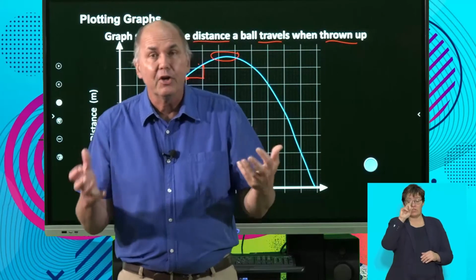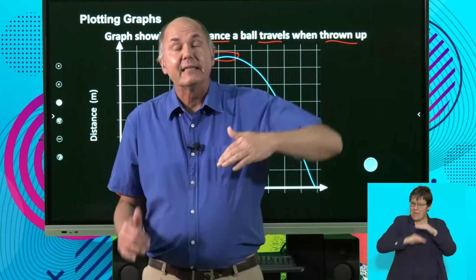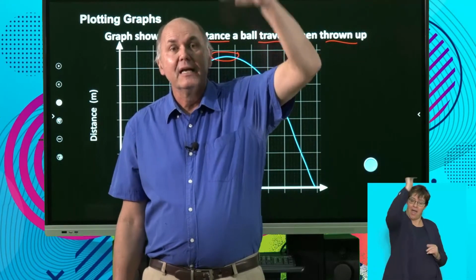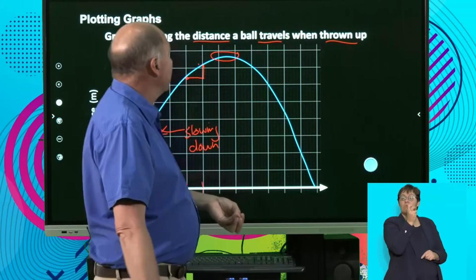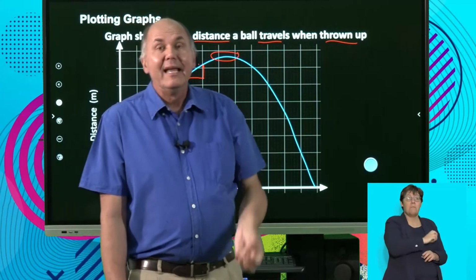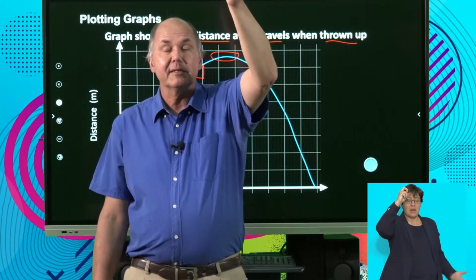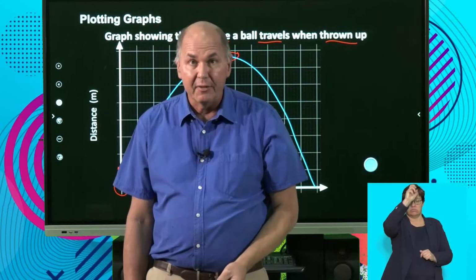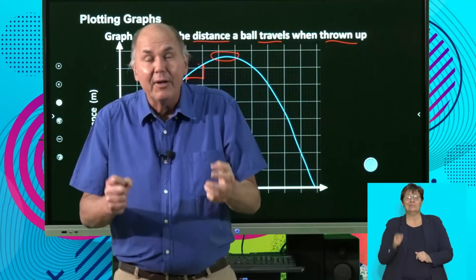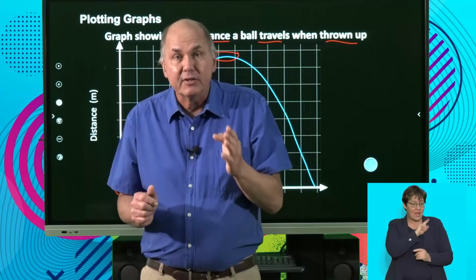So what I'm showing you on this graph is that the maximum value is at the highest point above the ground, and at that point the ball travels up and has stopped moving upwards. It has got 0 velocity, and it's now changing direction and starting to move down. And that change in direction is very important because velocity is a vector quantity.